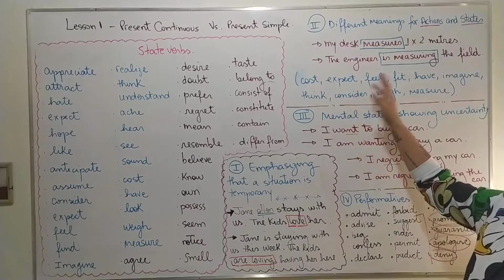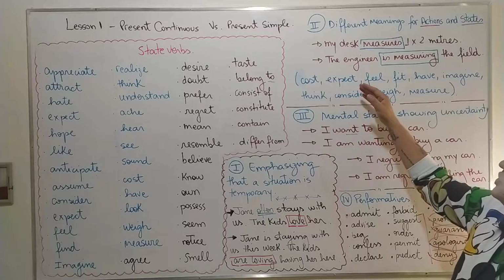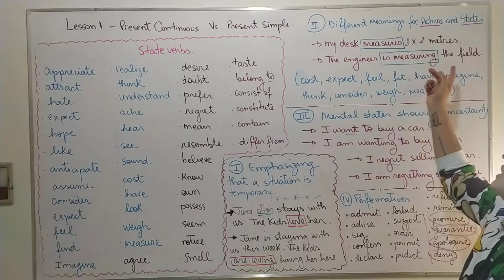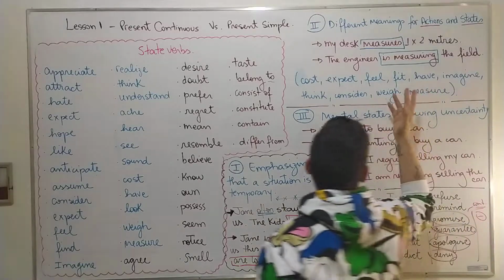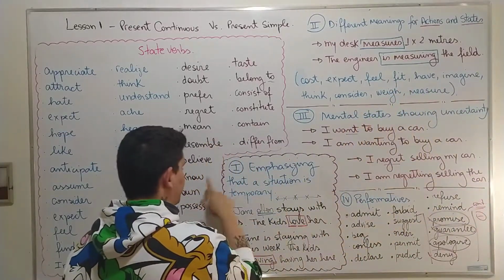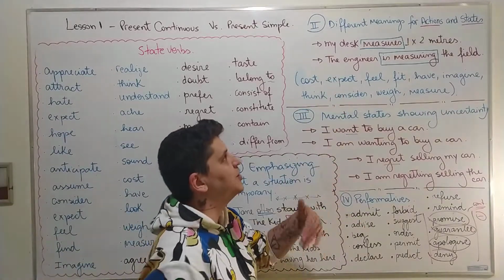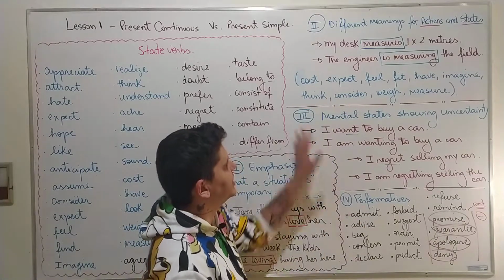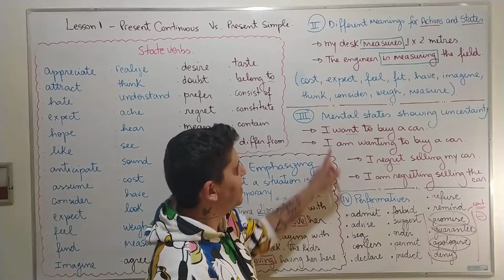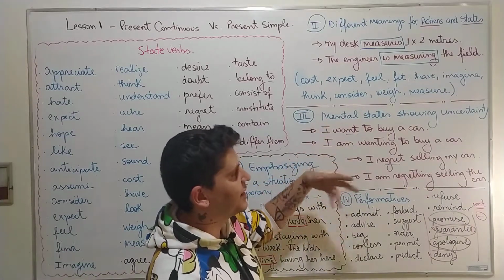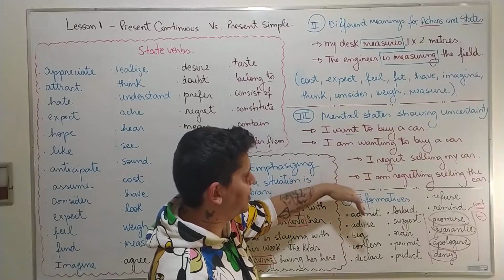Secondly, we saw that some verbs take up different meanings when used as actions and when used as states. By actions, I mean being used as an ing form, together with verb to be. And as a state, I mean used in the simple forms. These are the verbs. We've also studied mental states, that these verbs show some kind of uncertainty, you're not so sure of what you're doing.